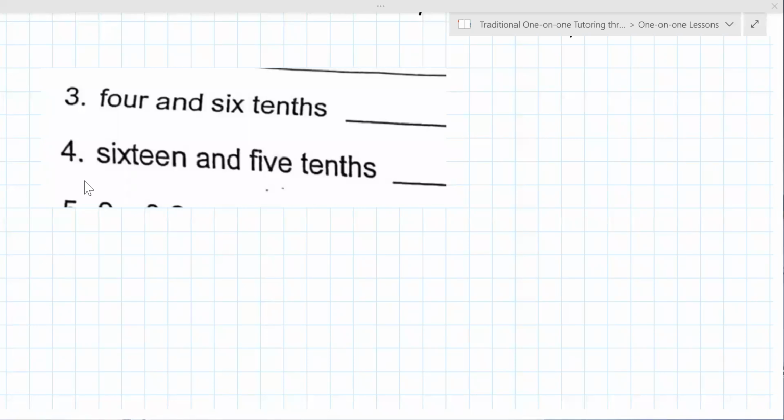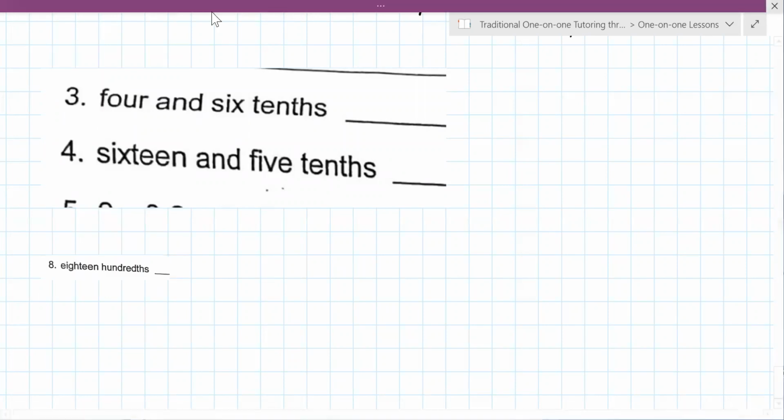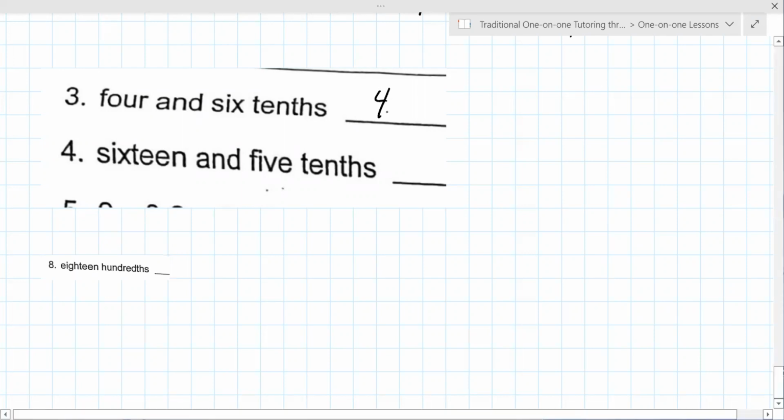So 3 is 4 and 6/10. What would that number be as a decimal? 4.06. So 6/10 is the first position after the decimal. Oh, sorry. Yeah. How about the next one? 16.5. Very good.